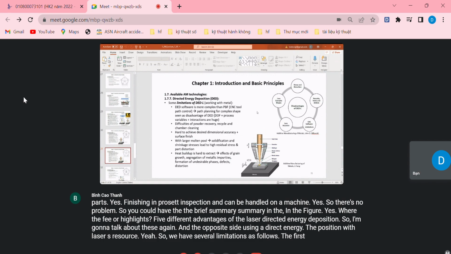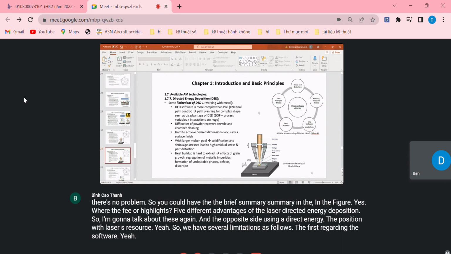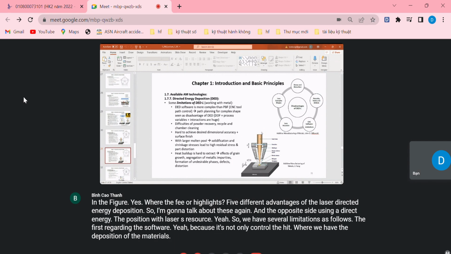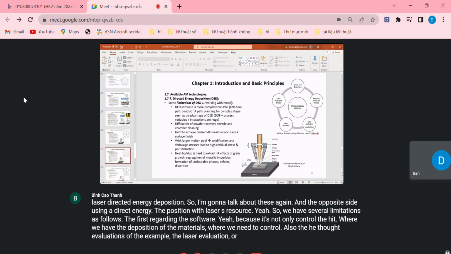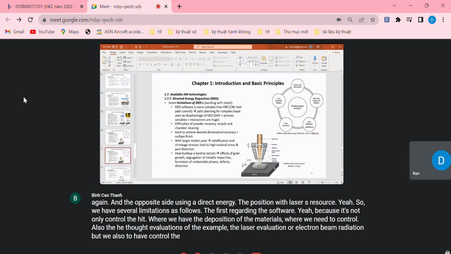First, regarding the software, it doesn't only control the head where we have the deposition of the materials, we also need to control the heat source irradiation, for example the laser irradiation or electron beam irradiation. But we also have to control the substrate plate.